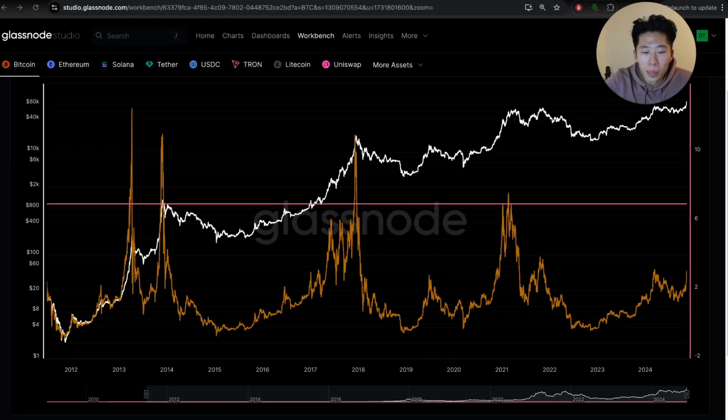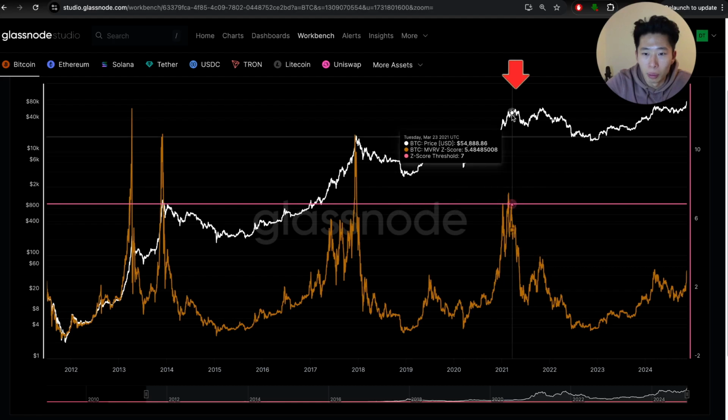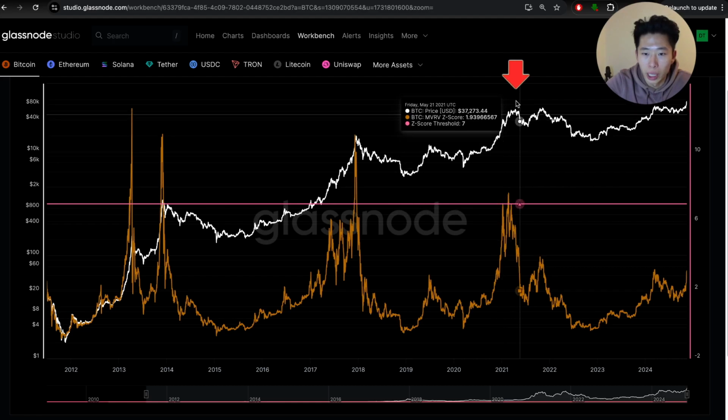For now, let's take a look at what happens in price, which is the white line that you see, whenever the orange line crosses the pink line. In 2021, the orange line crosses the pink line here, and then price peaks shortly afterwards.